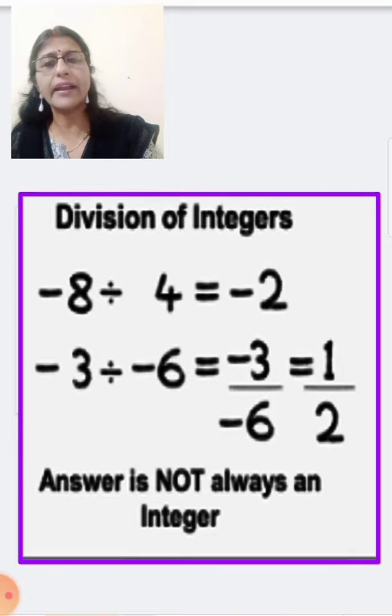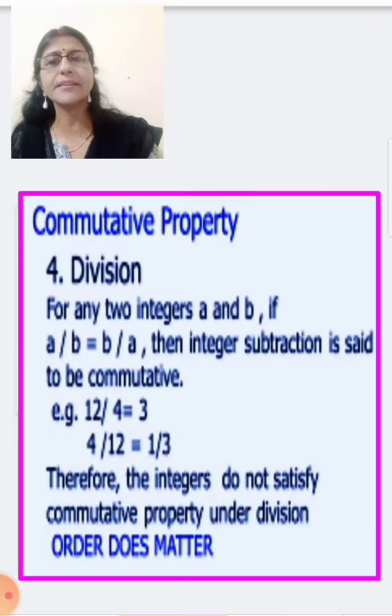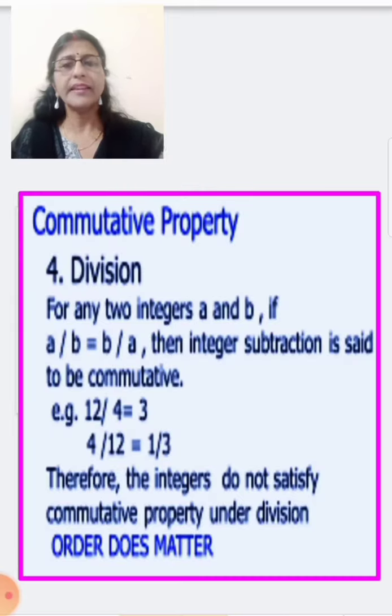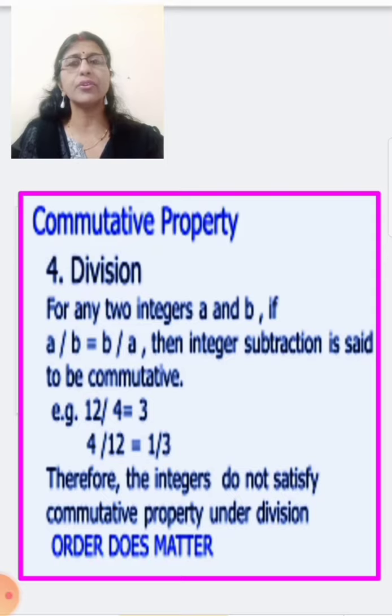Now let us go ahead and see the next property. The next property is the commutative property of division. For any two integers a and b, if a divided by b is equal to b divided by a, then we say that the integers are commutative under division.